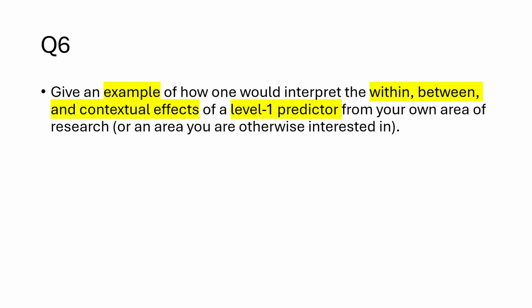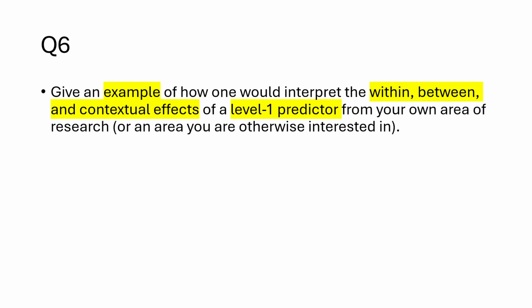So my main research area is leadership. An example could be looking at employees' levels of commitment to their organization. Level 1 would just be the differences between employees in their levels of commitment to the organization, not taking into account the leader they work for.